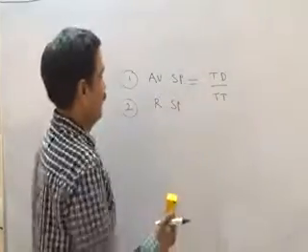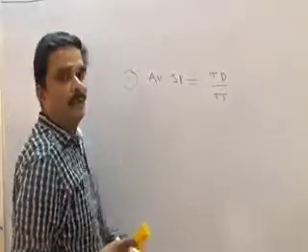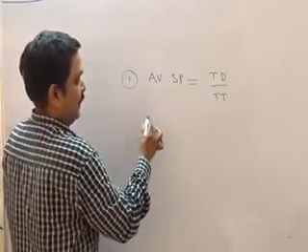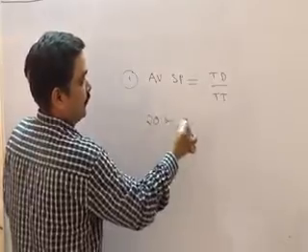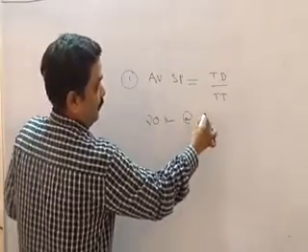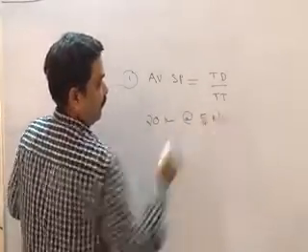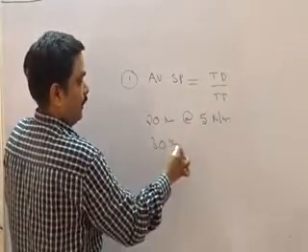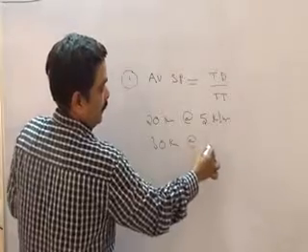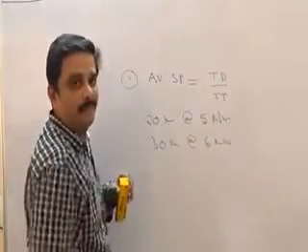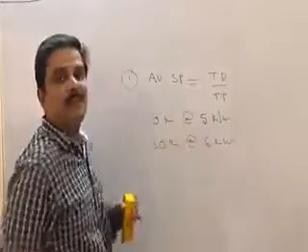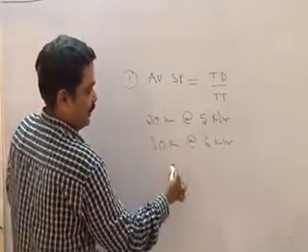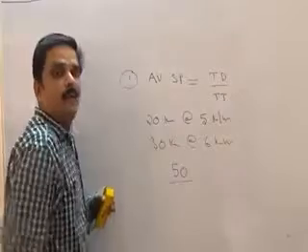For example, let us go with a small example. Beginners can benefit from this. Suppose a man travelled 20 kilometers at the speed of 5 kilometers per hour, and another 30 kilometers at the speed of 6 kilometers an hour. What is the average speed for this journey? Average speed is nothing but total distance travelled, 50, by total time taken.